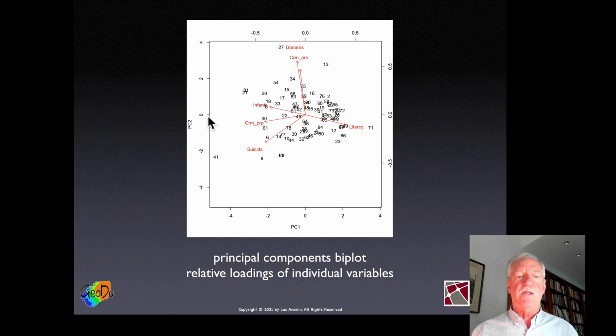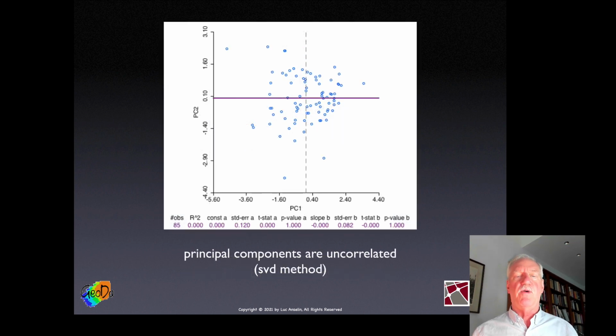But for the second principal component, the loading is positive because it's in the positive direction. And the same for the other variables. I find that the interpretation of the square correlations is actually more useful to understand how the principal components are made up. As I mentioned, the principal components are uncorrelated.